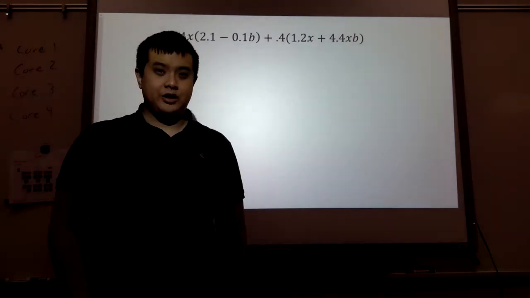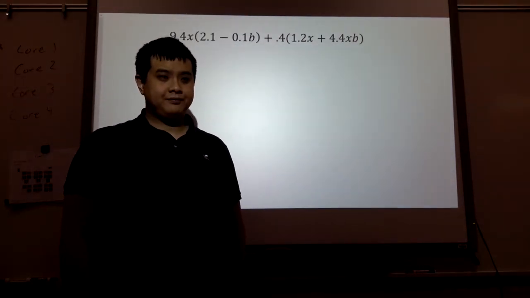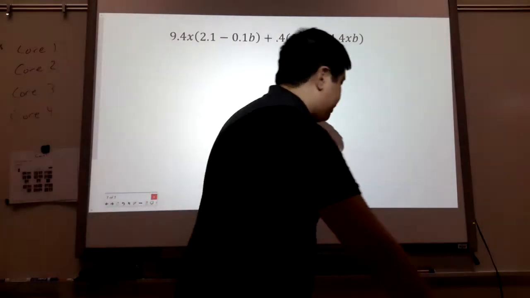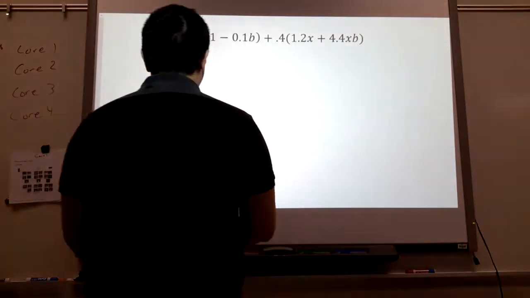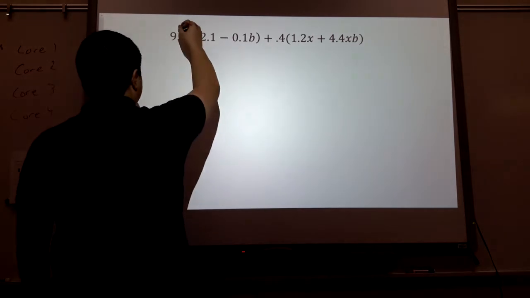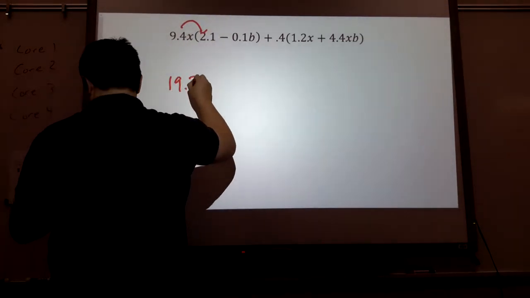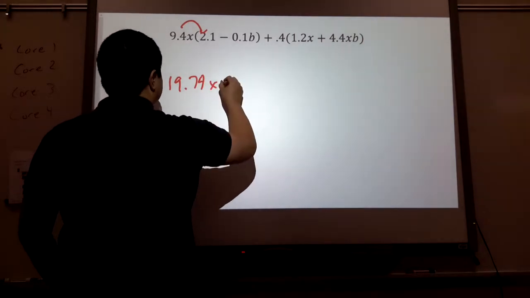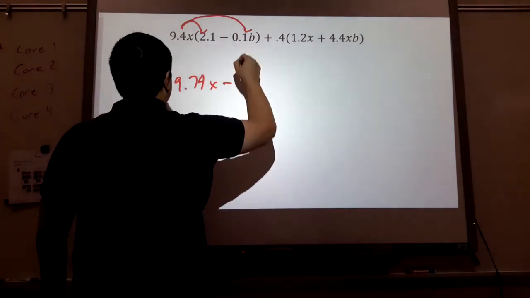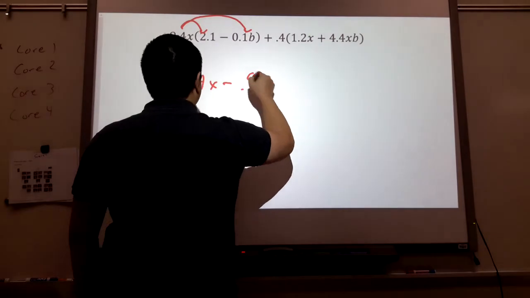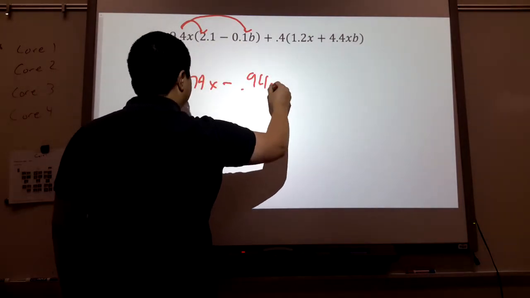Try this next question on your own. To do this question, we need to distribute the 9.4x to the 2.1. When we do that, we get 19.74x. Then we're going to do the same thing over here, which gets us 0.94. We have an x here and a b here, xb.